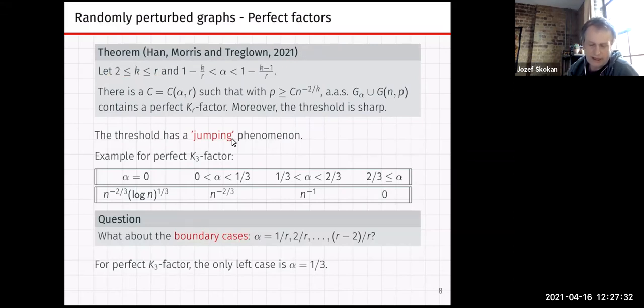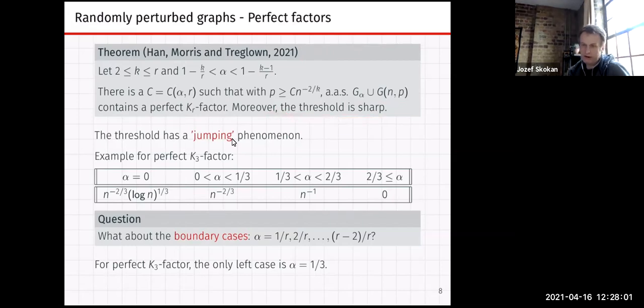So for given k and r, if your alpha is between 1 minus k over r and 1 minus (k minus 1) over r, then they show that if you take p at least C n to the minus 2 over k instead of C n to the minus 2 over r, then this perturbed graph contains a perfect K_r factor. And they prove that this threshold is sharp.